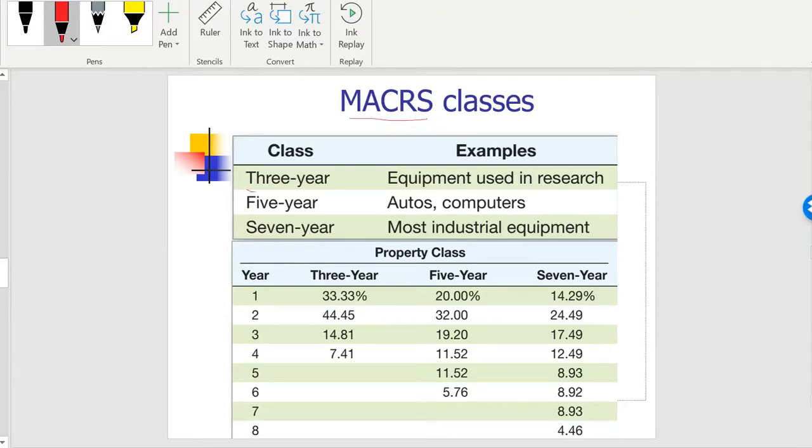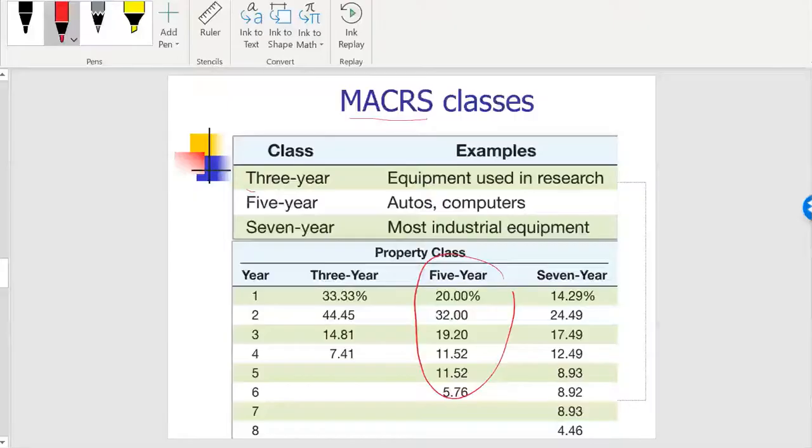So for example, 3-year class is equipment used in research, 5 years class is autos and computers, 7-year class is most industries and equipment. Our equipment lies in the 5 years class. So how to calculate the depreciation expense? We will take these numbers from here for 5 years. Let's go to Excel for calculation.